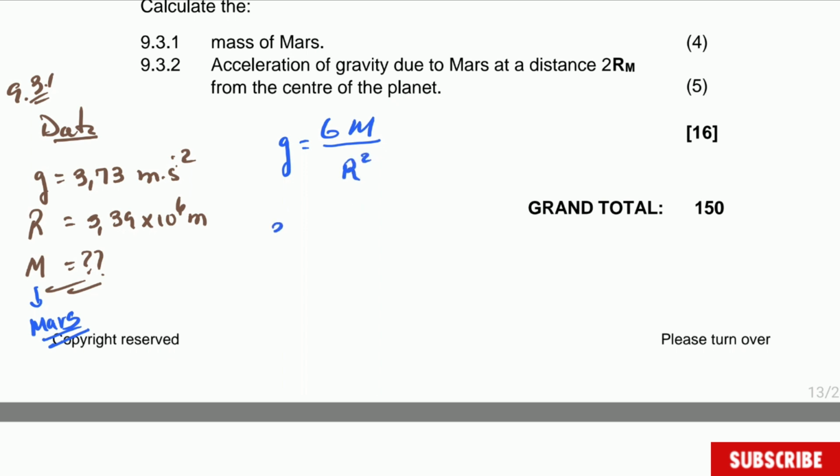When you substitute, you have 3,73 equal to 6,67 times 10 to the minus 11 multiplied by the mass of the planet we are looking for divided by the radius of the planet, which is given to us, and it's 3,39 times 10 to the 6 squared.